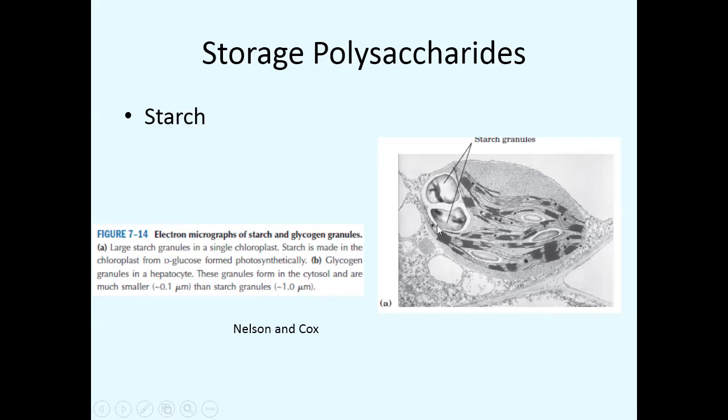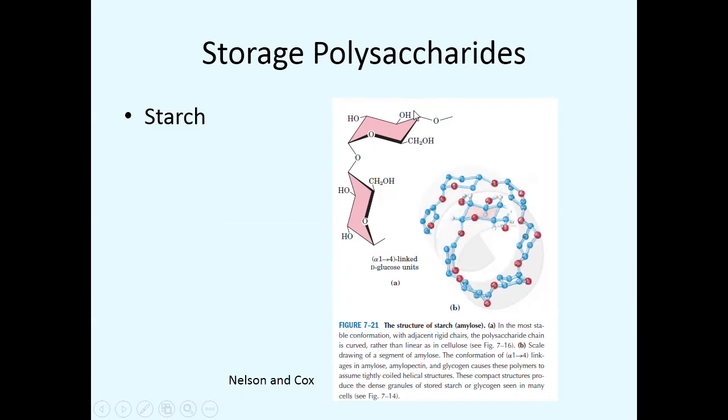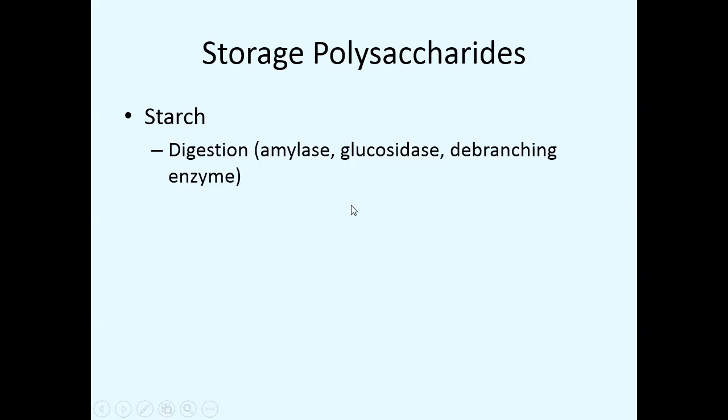This next figure shows the arrangement of glucose monomers in starch. As you can see here, the bond angles between the glucose monomers are such that it forms a helical structure. Complete digestion of starch requires several enzymes. The enzymes which break down starch are generally called amylases.